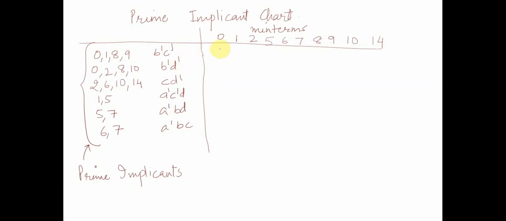Now 0 is found in the first term, and it's found here also. Similarly 1 is found in this term, and here as well. Similarly 2 is found here, and here. 5 is found here, and here. How about 6? 6 is here, and at the bottom 7 is here, and here. 8 is where?